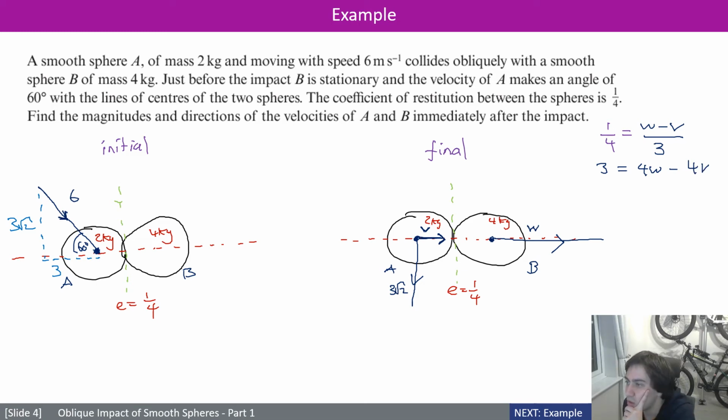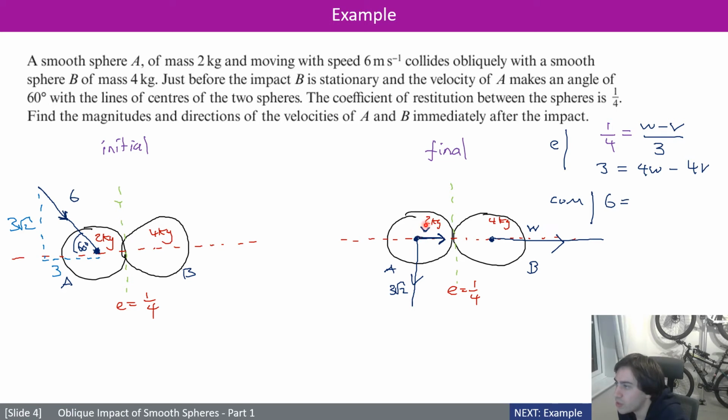Okay, and then conservation of momentum, that's going to tell us, well, the initial momentum, and remember we're only looking at the horizontal now, parallel to the line of centres, is 3 times 2, and that's it, it's 6. So let's put that here as a conservation of momentum. So 6 is equal to, and then what do we end up with?